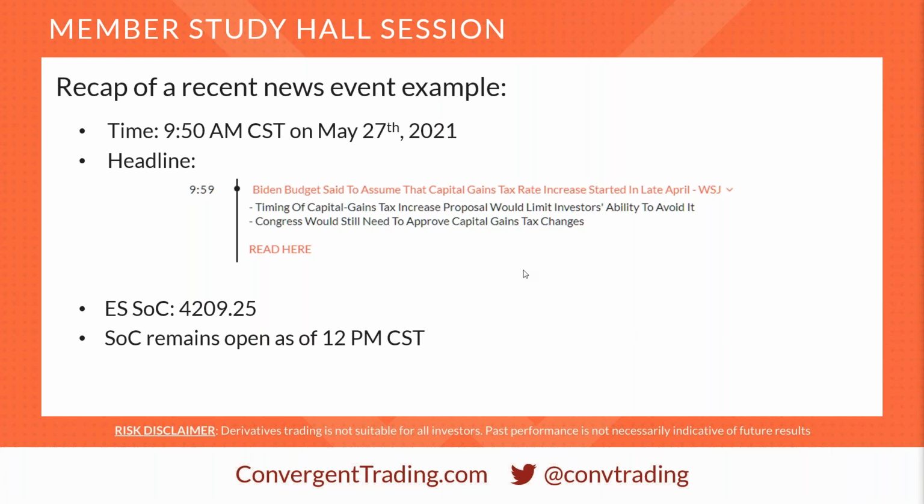This is what this administration wants, and it wants it on a certain very high net worth group of earners. The SOC on this news event is 4209 and a quarter, okay? And the SOC, that's the last print before the market responded to this news. And as of the beginning of this webinar, the SOC has not been touched.